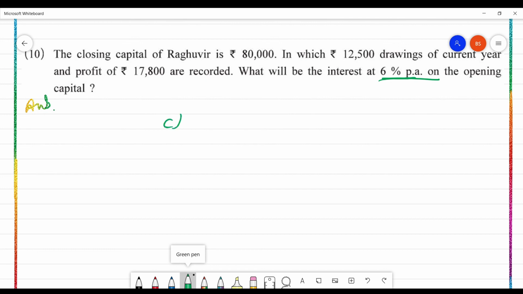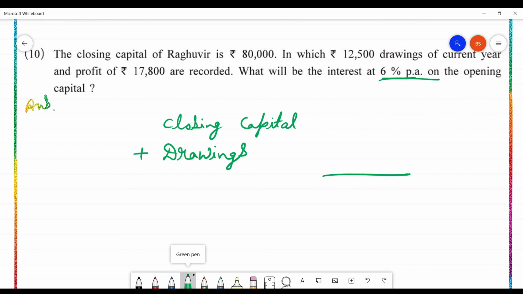So the formula is closing capital, and we will add drawings in closing capital. After that we will make the total, and from the total we will deduct divisible profit, and finally the amount will come. This is opening capital.